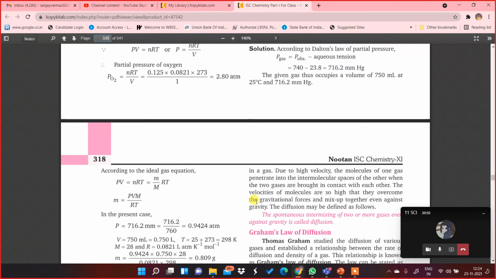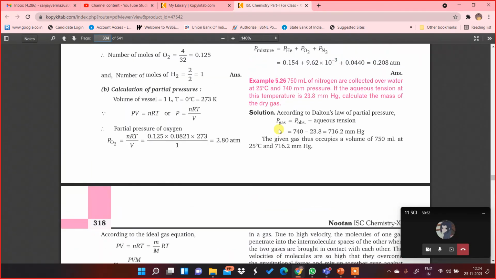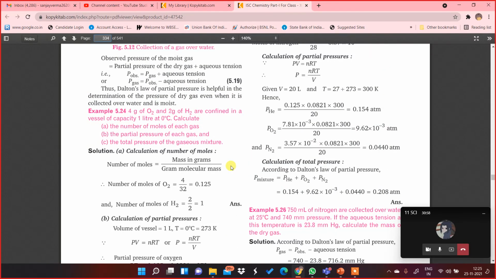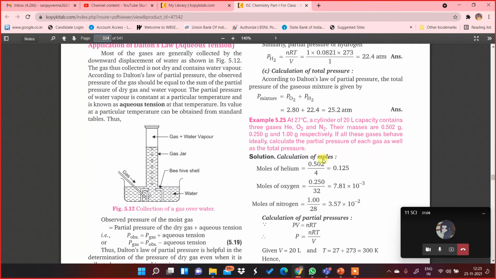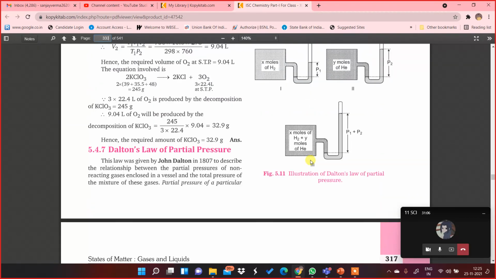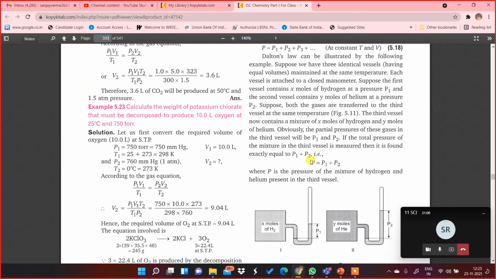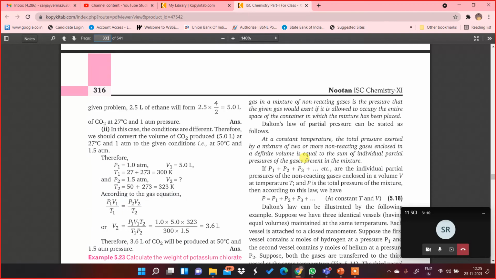Then example 5.26, application of Dalton's law of partial pressures. This example you practice. Example 5.24, you can go through this example. Example 5.25 also. This one you leave out.